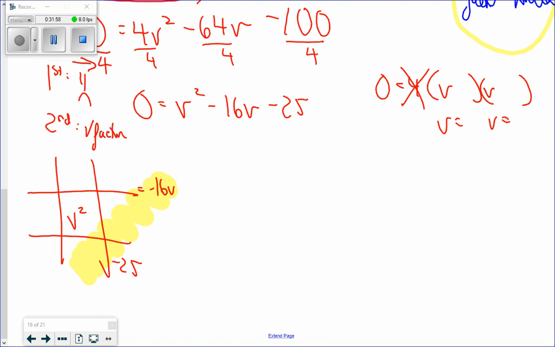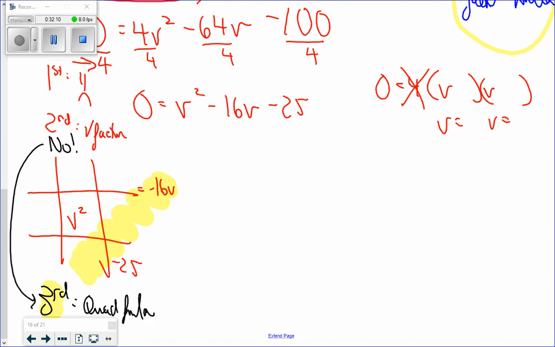So the third thing you're going to do, if this is a no, you're going to use quadratic formula. On your formula sheet, at the very bottom of the first column, it's there.